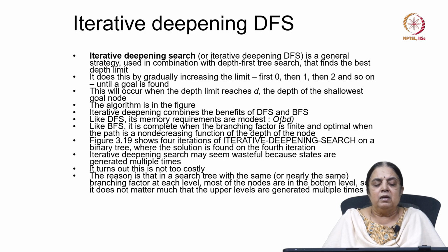And like breadth first search, it is complete, because you keep increasing the depth limit. It does everything from the shallowest level, and therefore it is complete just like breadth first search.